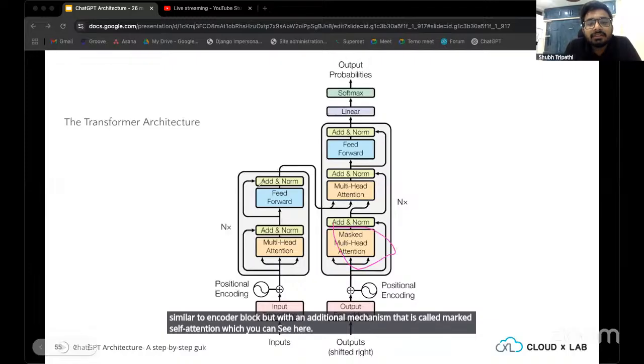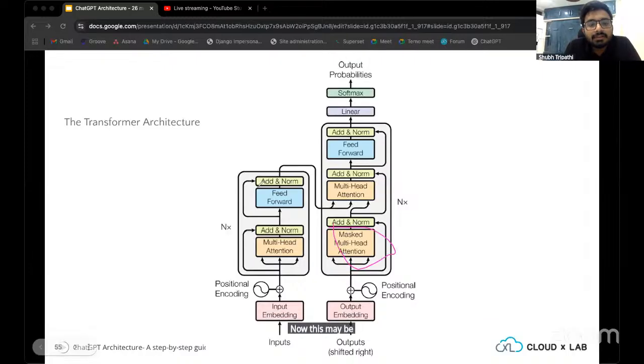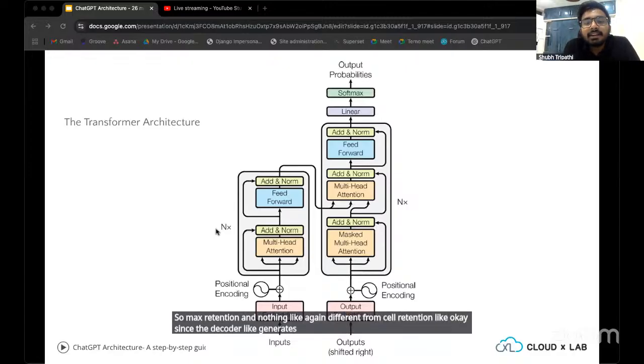Now, this may be confusing at the start, but let's understand what it is. Masked attention is not really different from self attention. Since the decoder generates the text step by step, it should not cheat by looking ahead at future words.